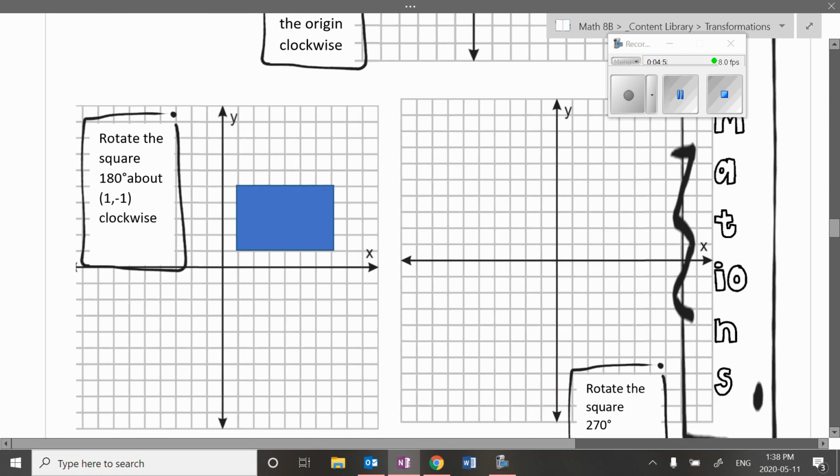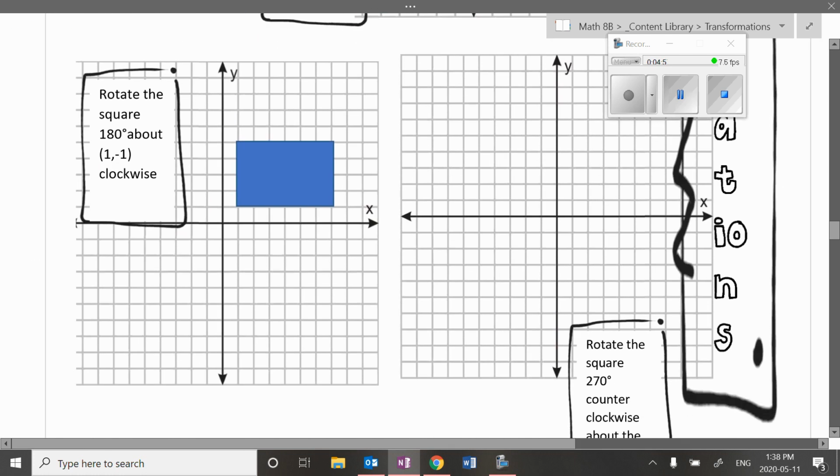Rotate the square 180 degrees about 1, -1 clockwise. So let's first plot the point 1 to the right, down 1. So this is our point that we're rotating it about. Let's label the corners of my rectangle.